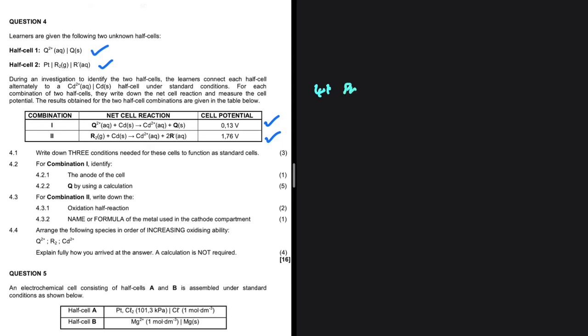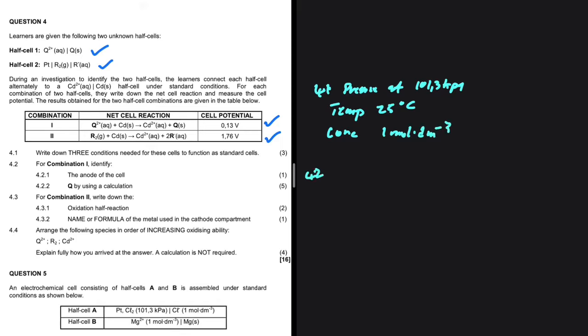Well, the pressure at 101.3 kilopascals. Another condition is the temperature at 25 degrees Celsius. And lastly, we need the concentration at 1 mole per decimeter cube. These are our 3 standard conditions.